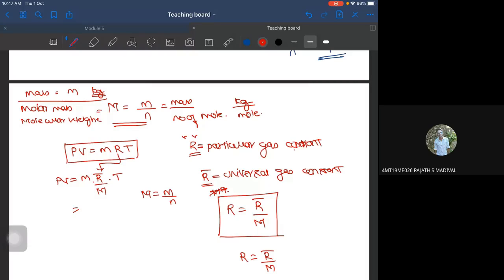From this, the number of moles is equal to mass divided by molecular mass. Yes or no?